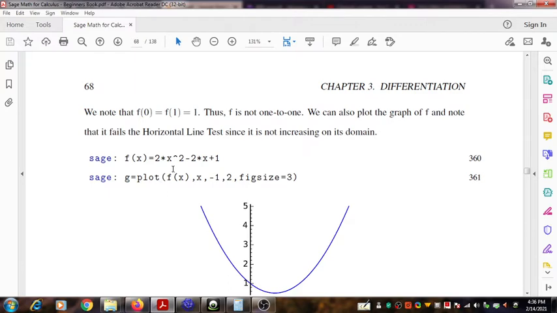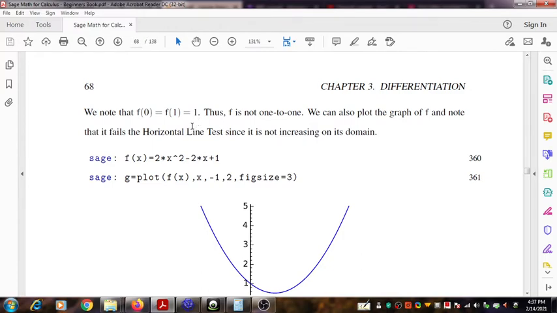First, you can note that for the given function, f of 0 equals f of 1 equals 1. Thus the given function f is not 1 to 1.